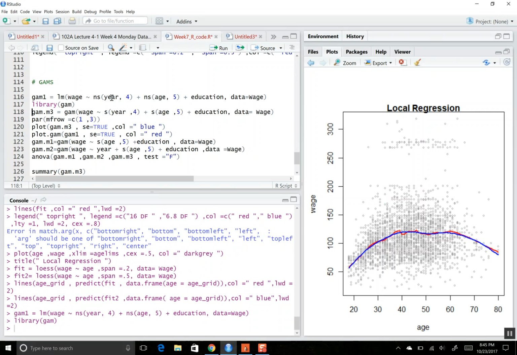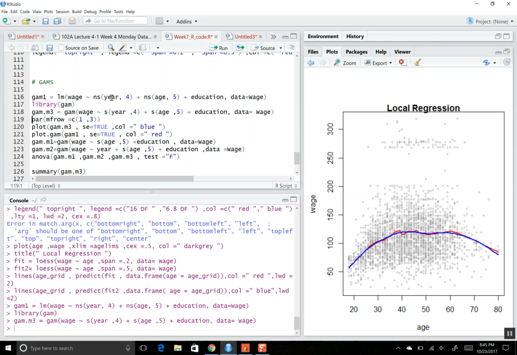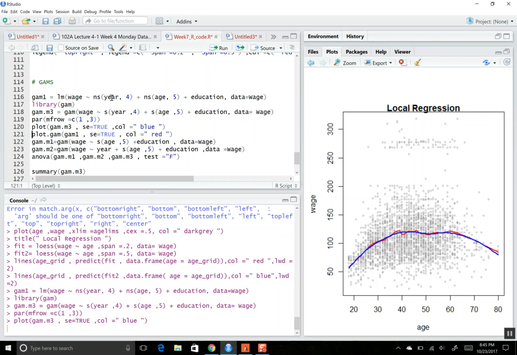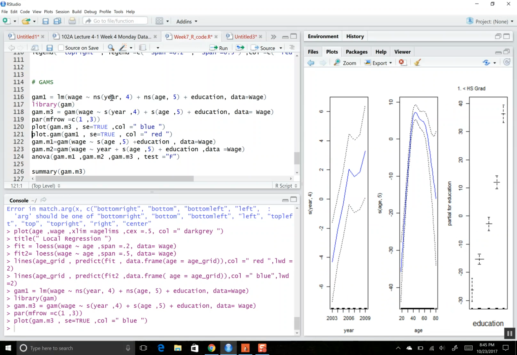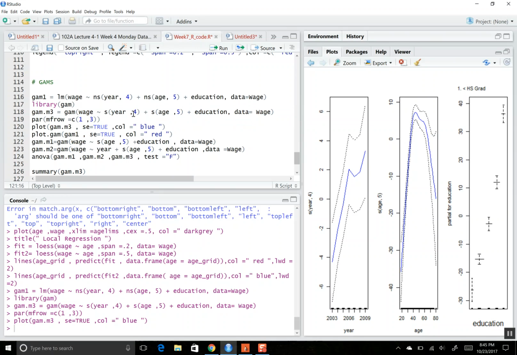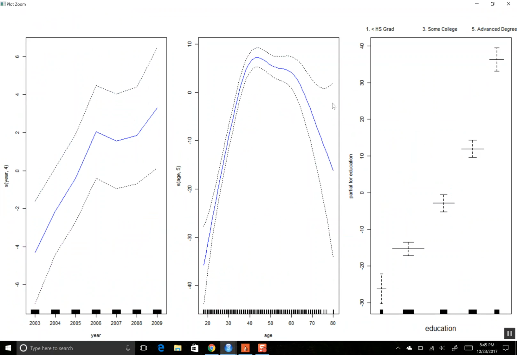So we can do that, and we have different things, and here we're going to plot three models. One we'll plot is using the gam function, seeing the relationship between wage, year, age, and education, and it produces this.